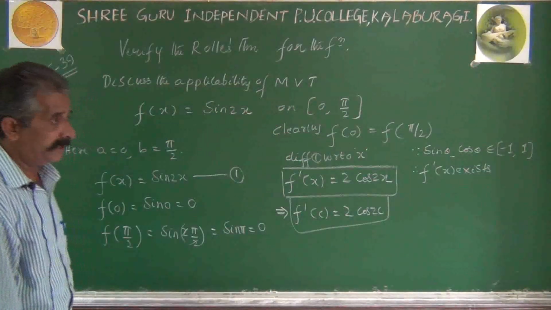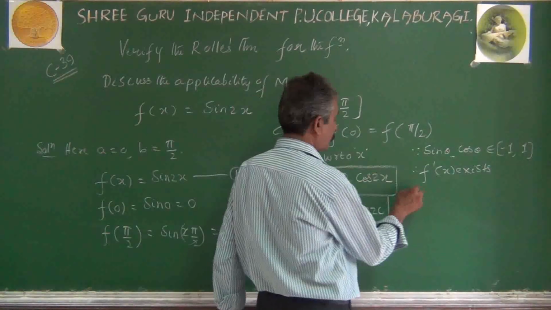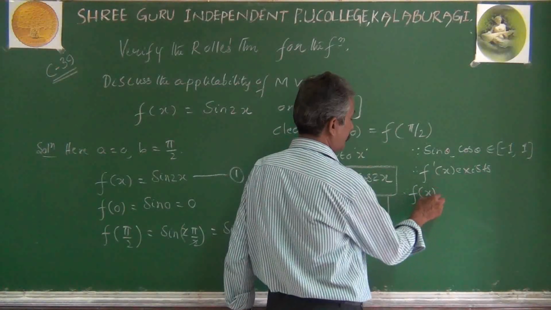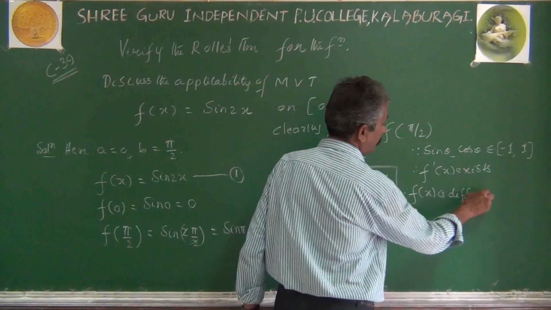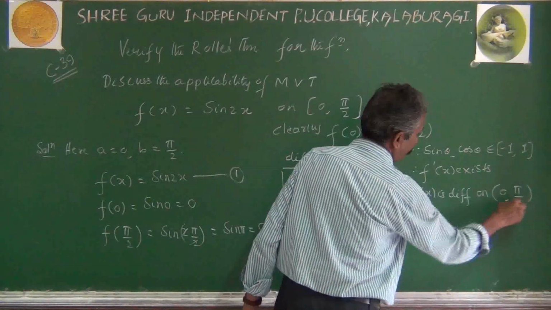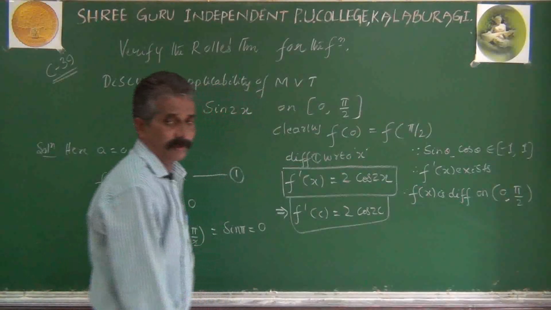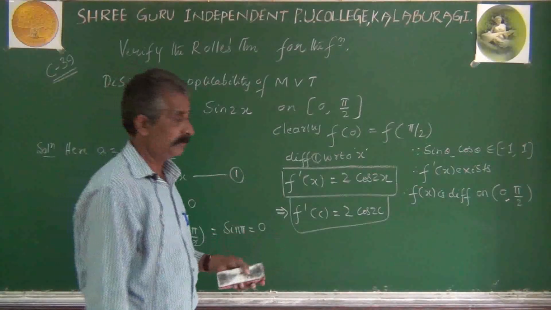F dash x exists means f x is differentiable. Therefore, f x is differentiable on the open interval 0, pi by 2. By standard theorem, every differentiable function must be continuous.